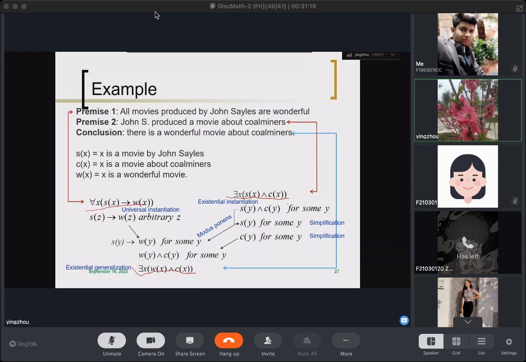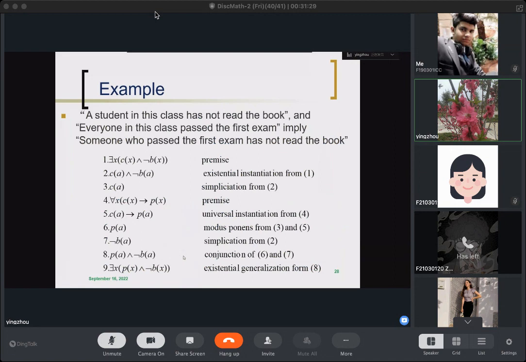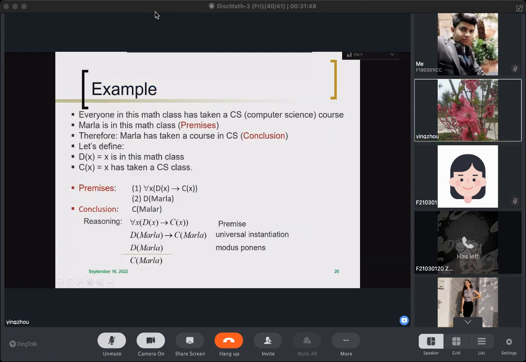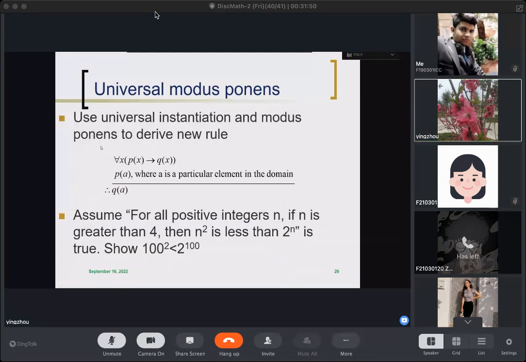So we should first handle this, then choose for some, and then combine them together. It is similar to this example. Here we want to reduce to modus ponens, which you can easily find in an existing book. We know that for all x, P(x) implies Q(x).